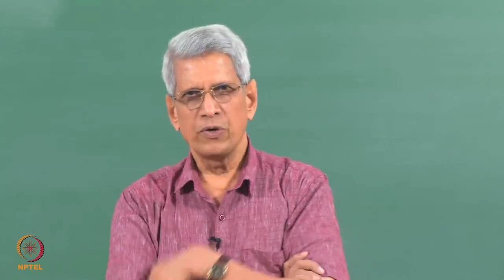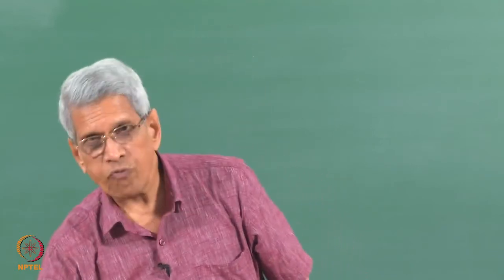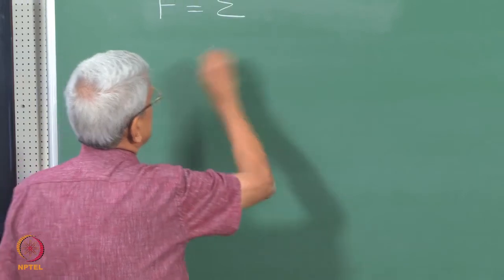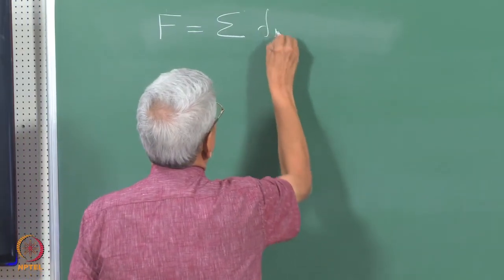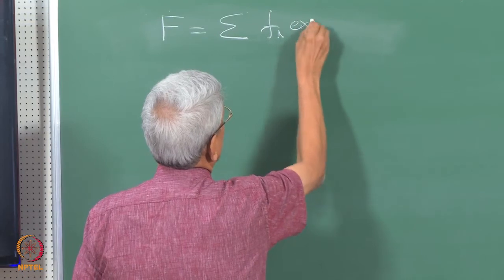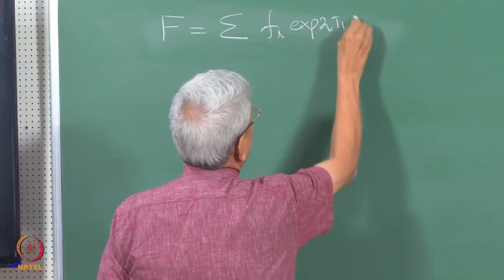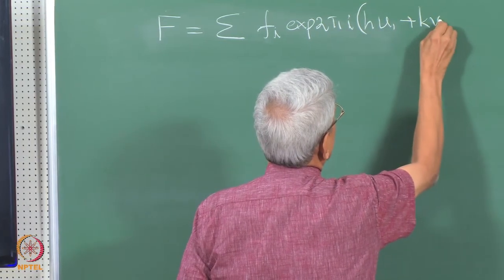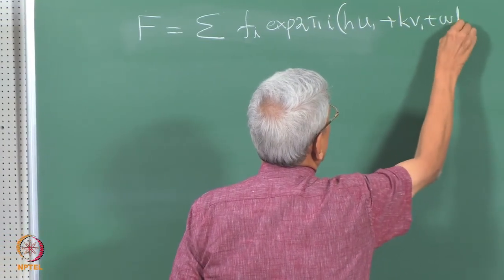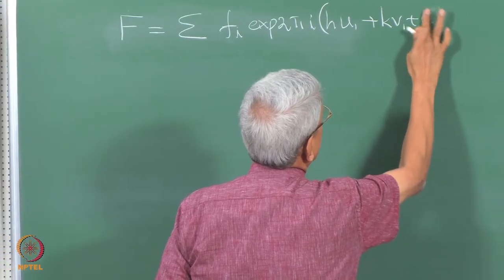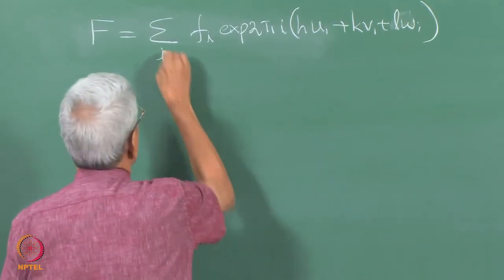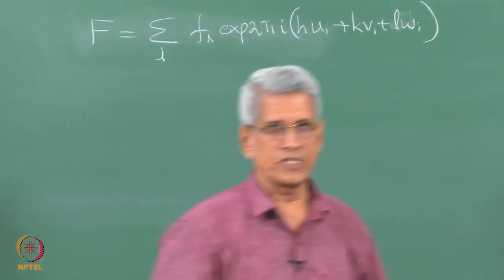As we know, in the formula derived for diffraction, the structure factor, we write this expression: F_i into exponential 2 pi i (h u_i plus k v_i plus l w_i). Okay. This is summed over all the atoms in the unit cell.